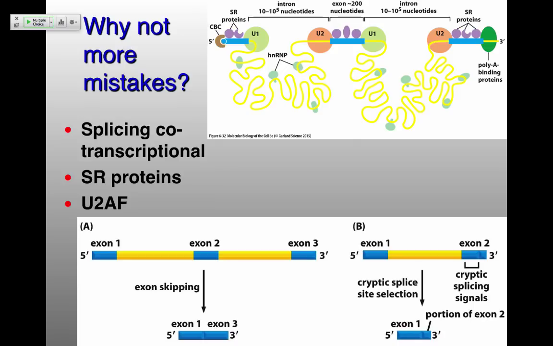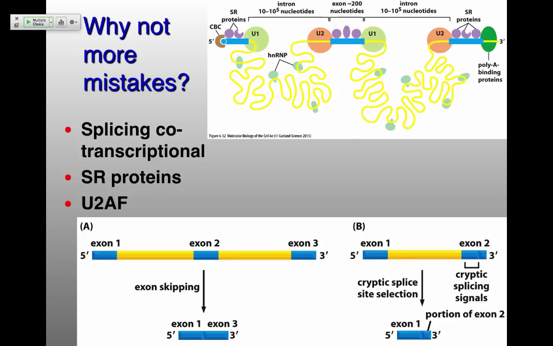So that's the only reason that they're known as such. And so if you look here at a typical pre-messenger RNA, you'll have these purple ovals and circles here in the middle, where the SR proteins are bound to a particular exon. Those then will help binding by U1 and U2 through the binding of U2AF and the branch binding protein.